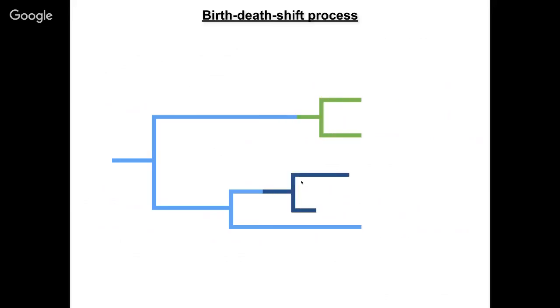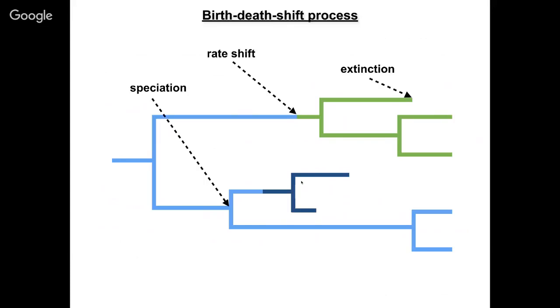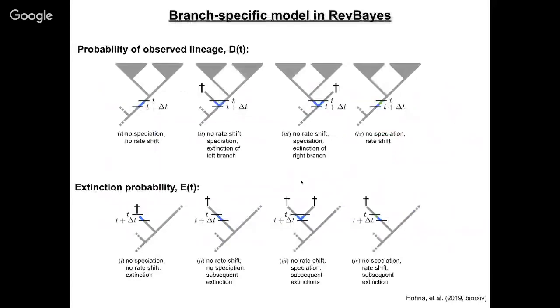And then there are additional rate shift events, maybe to a darker blue color, which means a rate category with even higher extinction rates, or it can be switching to the green category, which has higher speciation rates. So the process now has 3 different parameters: the speciation rate, the extinction rate, and the rate of shifting towards a new rate category. So this is our birth-death-shift process.